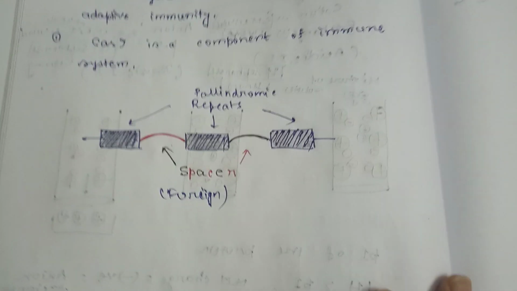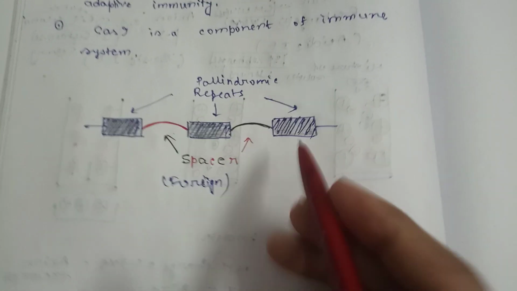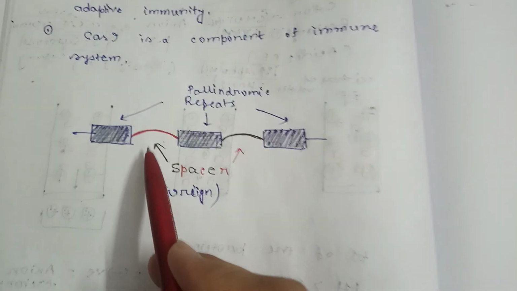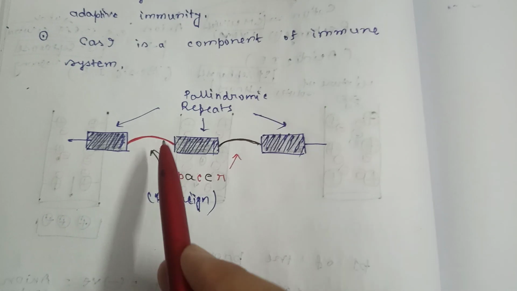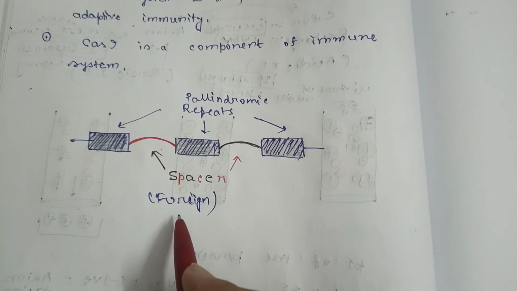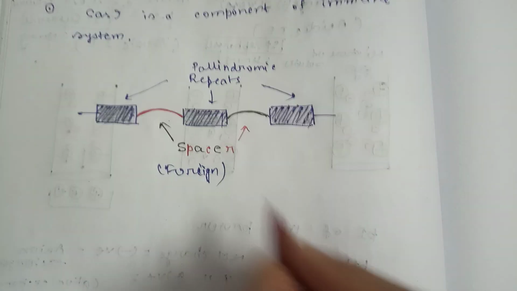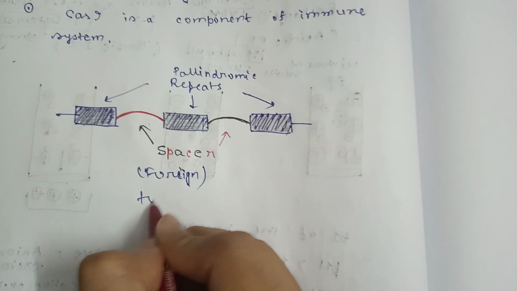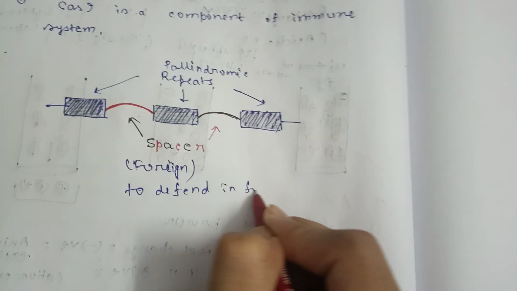So this is a type of memory actually. So bacteria is taking the previous viral infection memory and inserting it into its plasmid. This is called a spacer, okay. Remember, this is the foreign DNA, this is the recognition of that previous attack to defend in future.